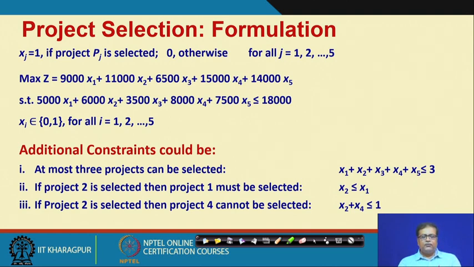Assume that in a different problem, the xi's are not 0 or 1, xi's are actually integer numbers. So, if xi's are integer numbers, then these additional constraints cannot be done in this manner. So, in that case you have to define another set of binary variables, is it not?